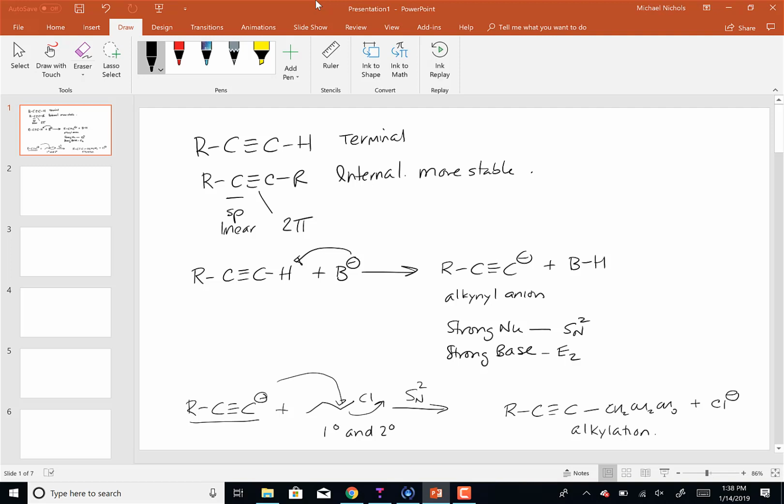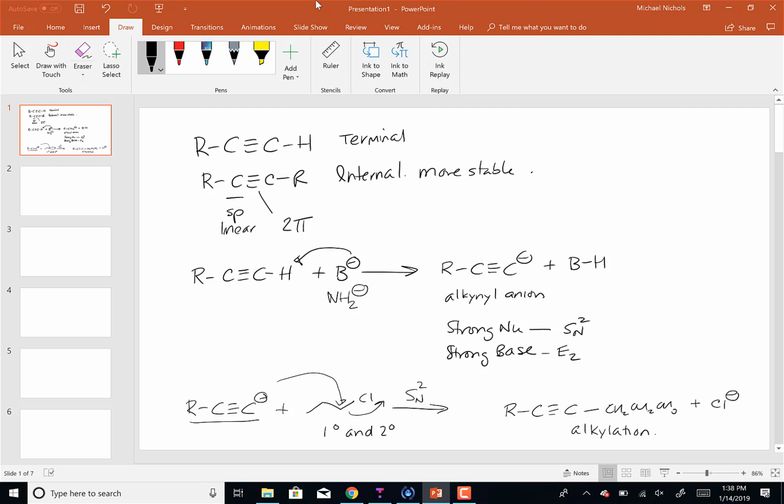So I want a really super strong base here, and my super strong base is going to be NH2 minus. So NH2 minus is the base that I use. It's a small, non-sterically hindered base.